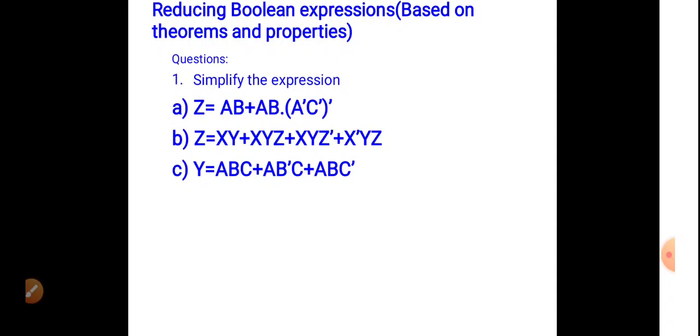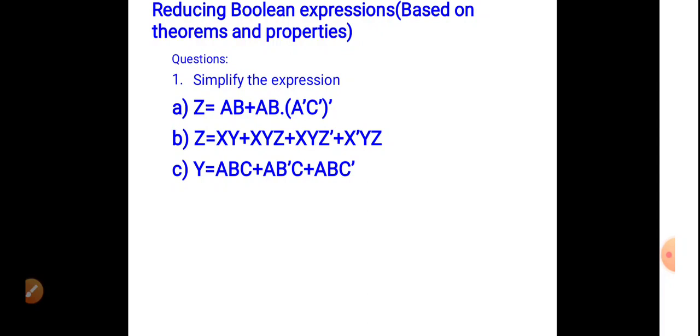Similarly, if you observe the second one, I have xy plus xyz plus xyz bar plus x bar yz. In the first two, I can take xy as common, so the leftover is 1 plus z. 1 plus z is nothing but 1, so xy into 1 is xy. The remaining is xyz bar plus x bar yz. So in step 2, I will get xy plus xyz bar plus x bar yz.